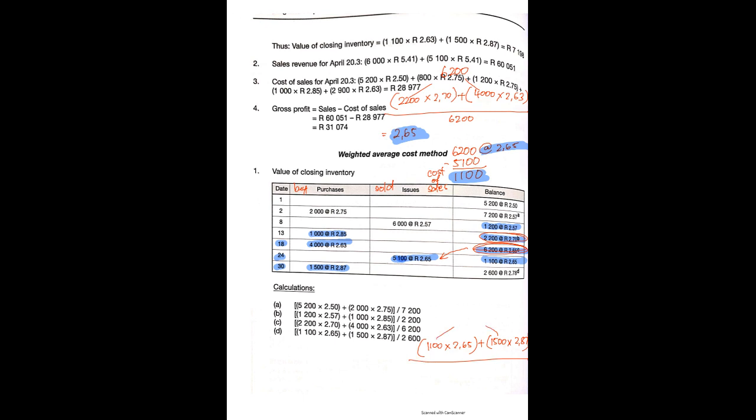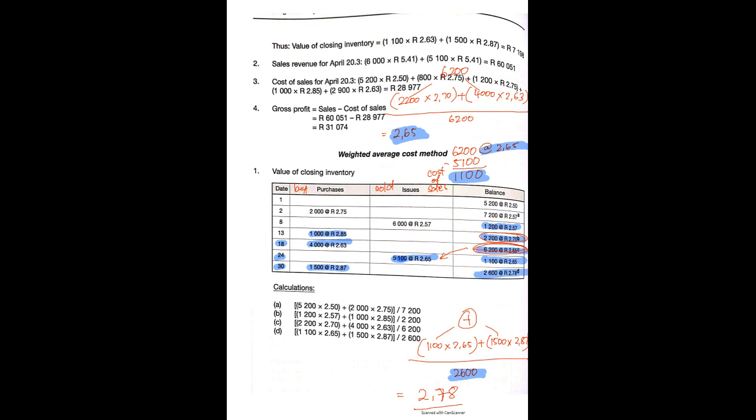That would be 2,600. That gives you a weighted price of 2 Rand 78. So it's the 2,600 units at 2 Rand 78. And that was it for your transactions. You can now answer the questions that they had asked.